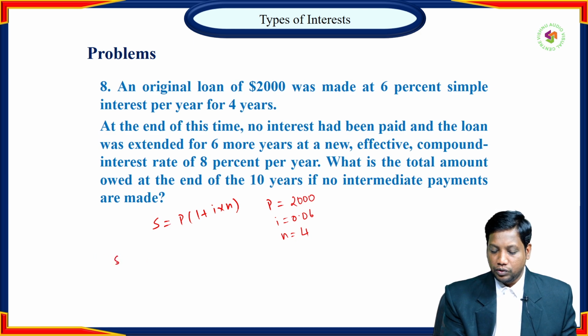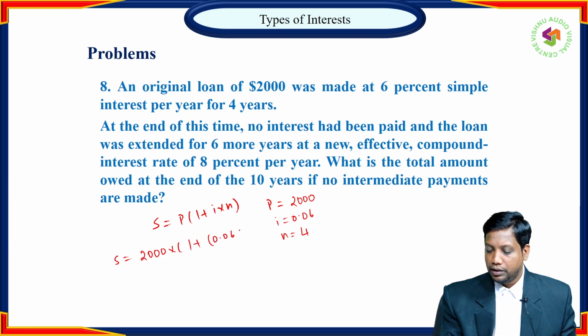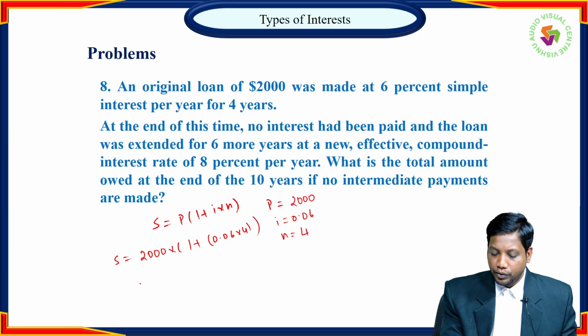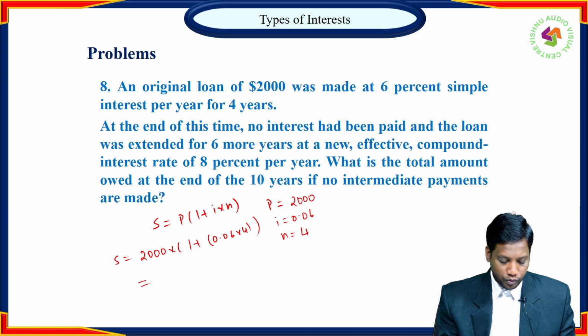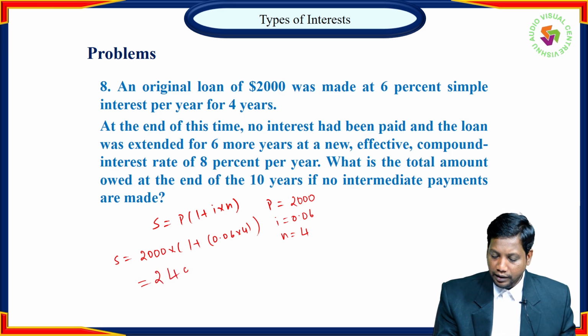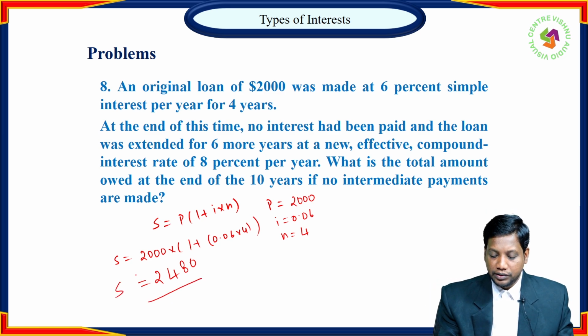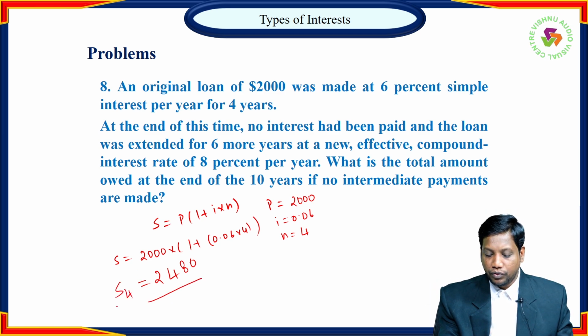So S equals 2000 multiplied by (1 plus 0.06 into 4). So how much amount will we get? 0.24. So 2480 is the amount at the end of the first installment period, that is after 4 years.